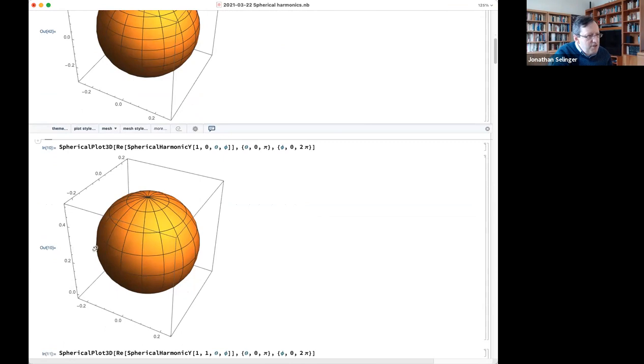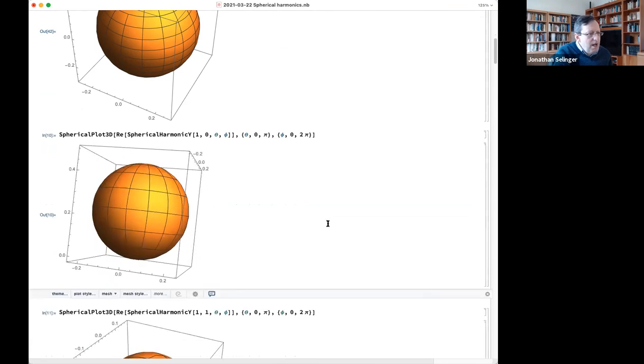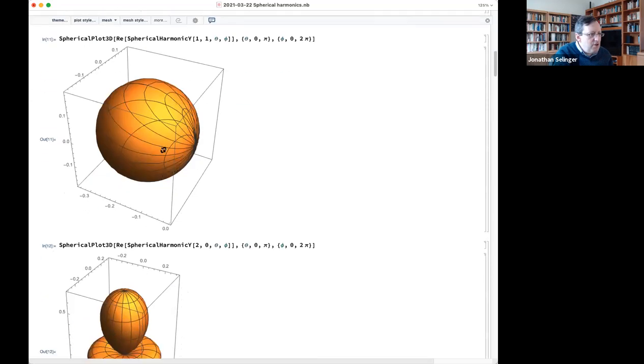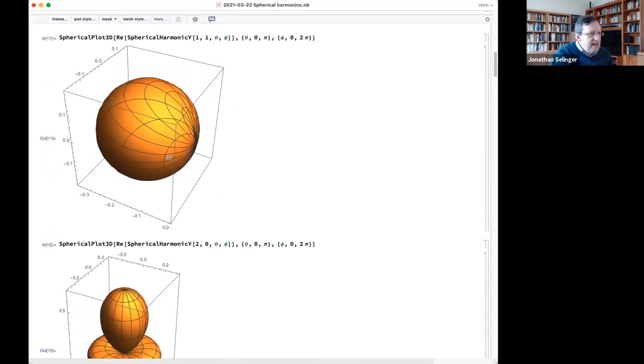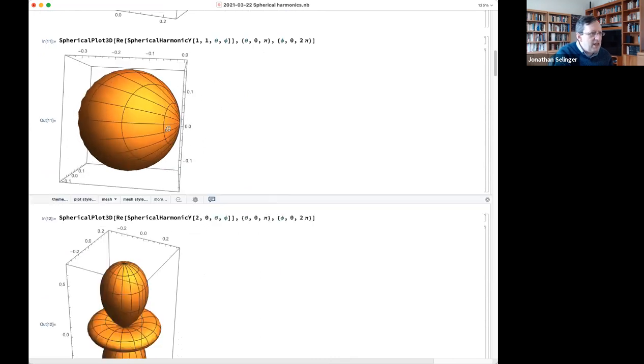Its center is shifted up to about Z equals 0.2 or something. All right, yeah, about 0.2. Here is an L equals 1 spherical harmonic, and it is shifted sideways in X to about X is negative 0.2 in the center.